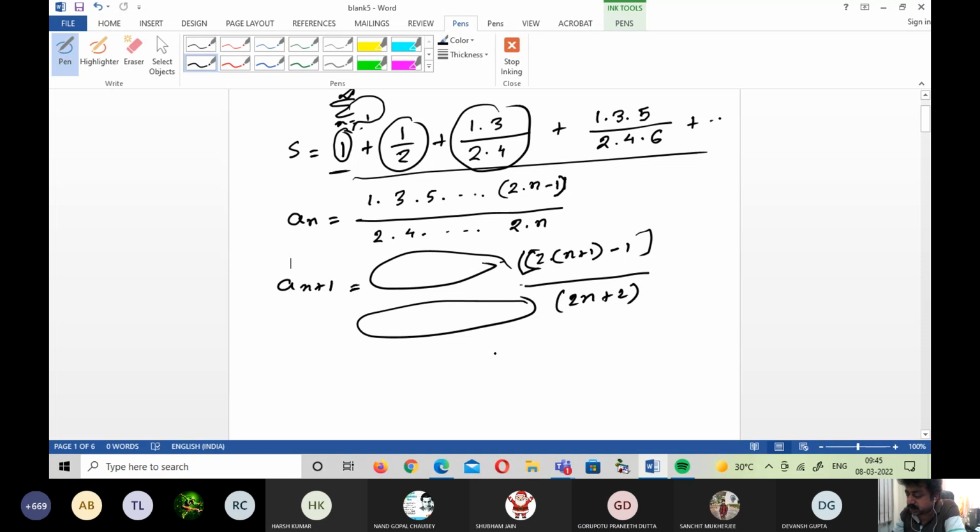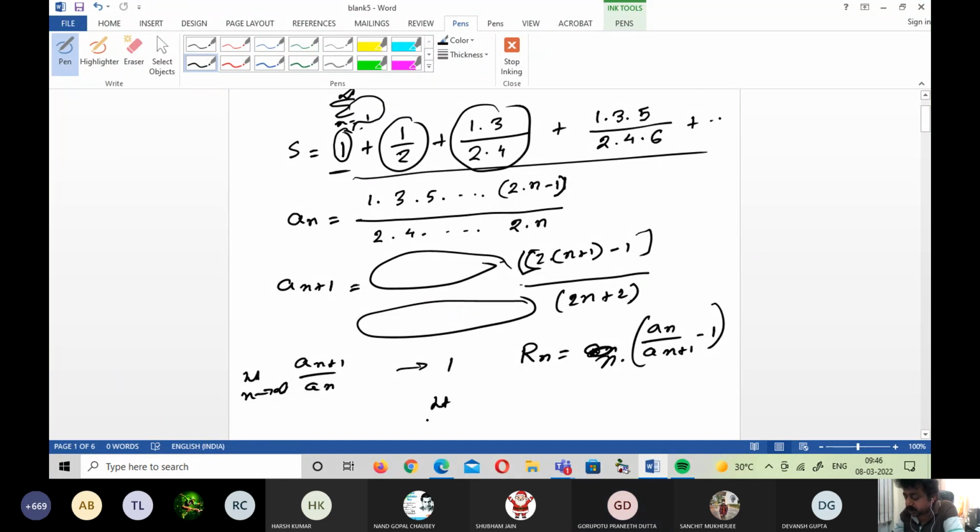Now, if you consider this, then what will be the ratio of an plus 1 by an, limit n tends to infinity? It basically tends to 1. So ratio test fails. Now you just calculate Rn equals n into (an by an plus 1 minus 1). What is the value?